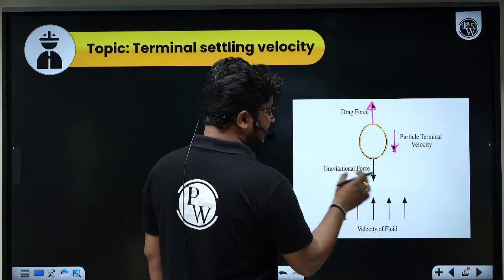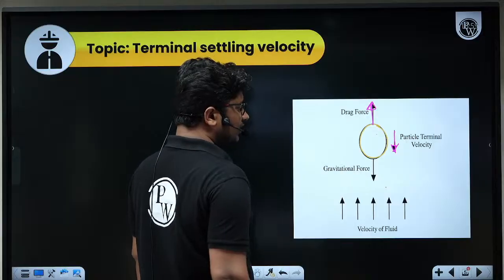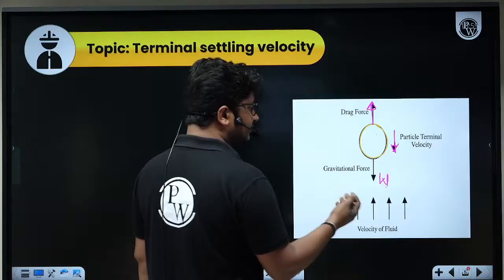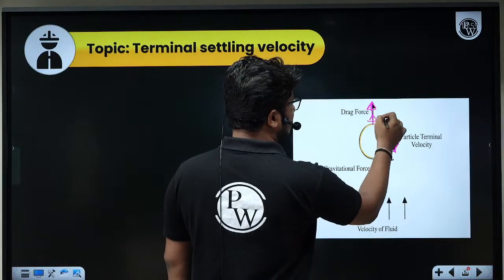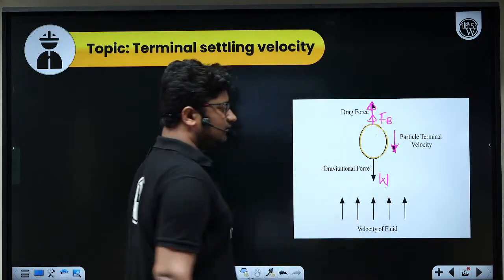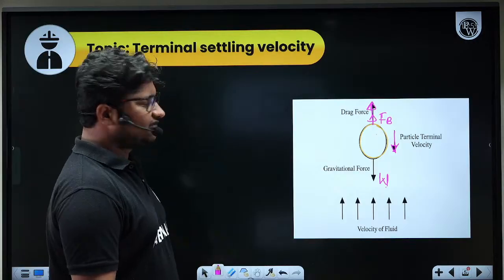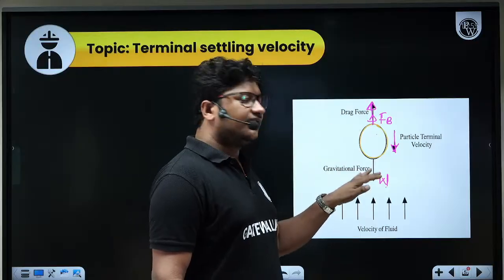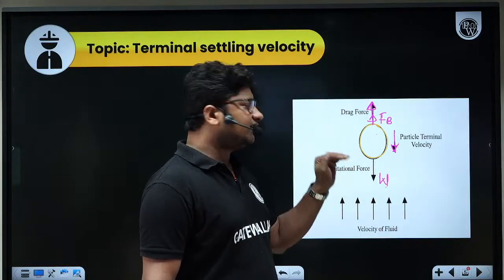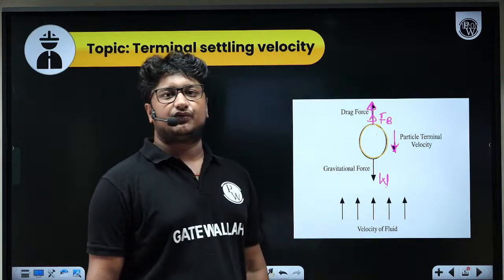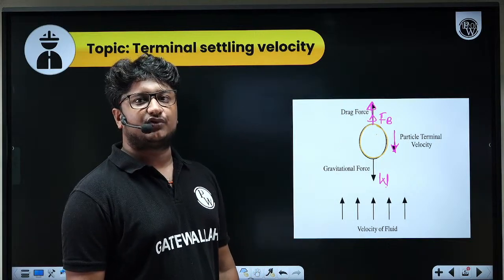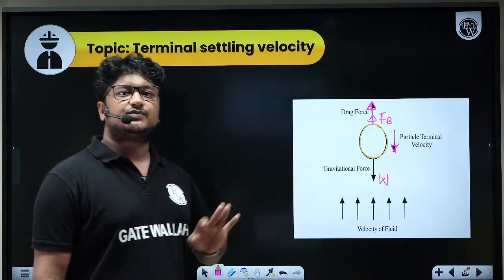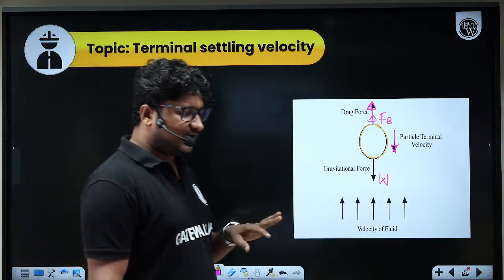As the particle goes down, drag force will be upward, weight of the particle will act downward, and at the same time the buoyant force will act upward. So when the submerged weight of the particle becomes equal to the drag force, at that point, whatever the velocity is, we call it the terminal settling velocity.